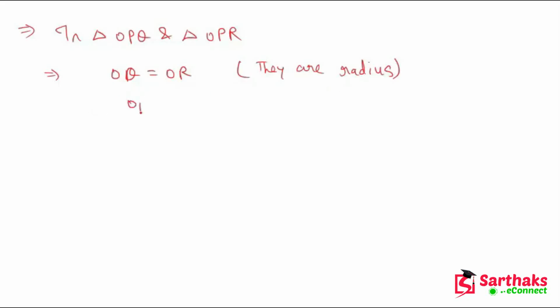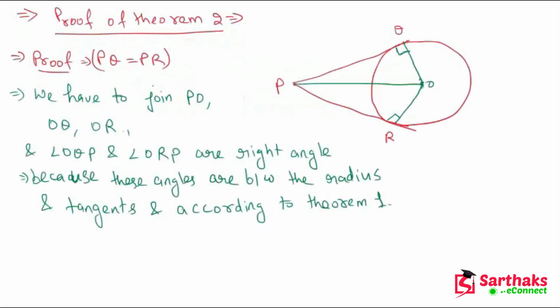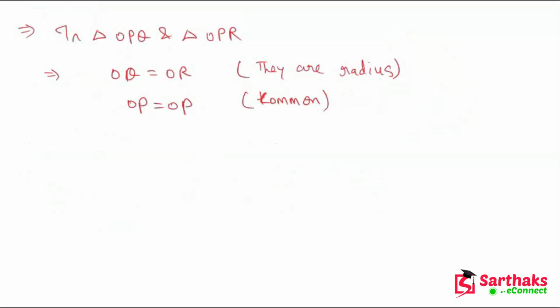And OP is equal to OP because it is common, this line is common in triangles OPQ and OPR. This side is equal to this side, and this is common.